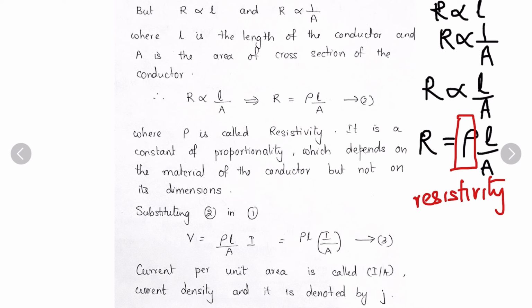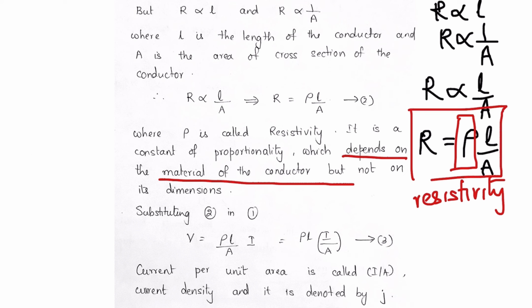This resistivity depends on the material of the conductor, but it does not depend upon the dimensions. This is one of the most important formulas of this chapter. R is equal to rho L by A.